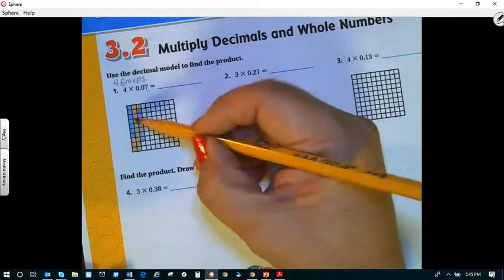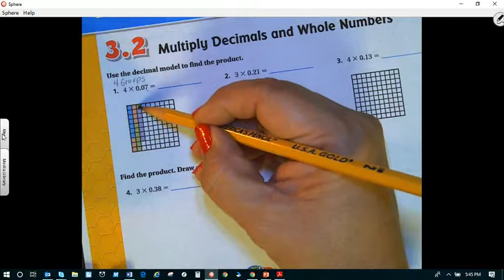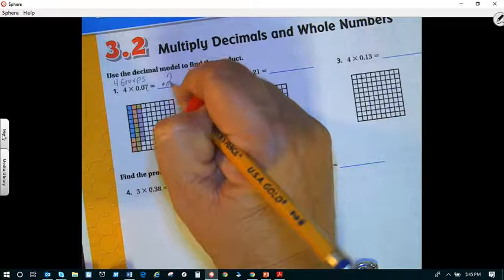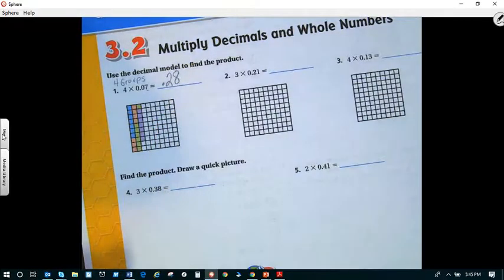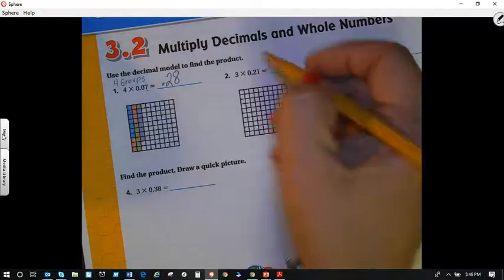So if I'm looking at it, I have 10, 20, 28. So I have 28 hundredths as my answer. Okay? And we did that in class today.